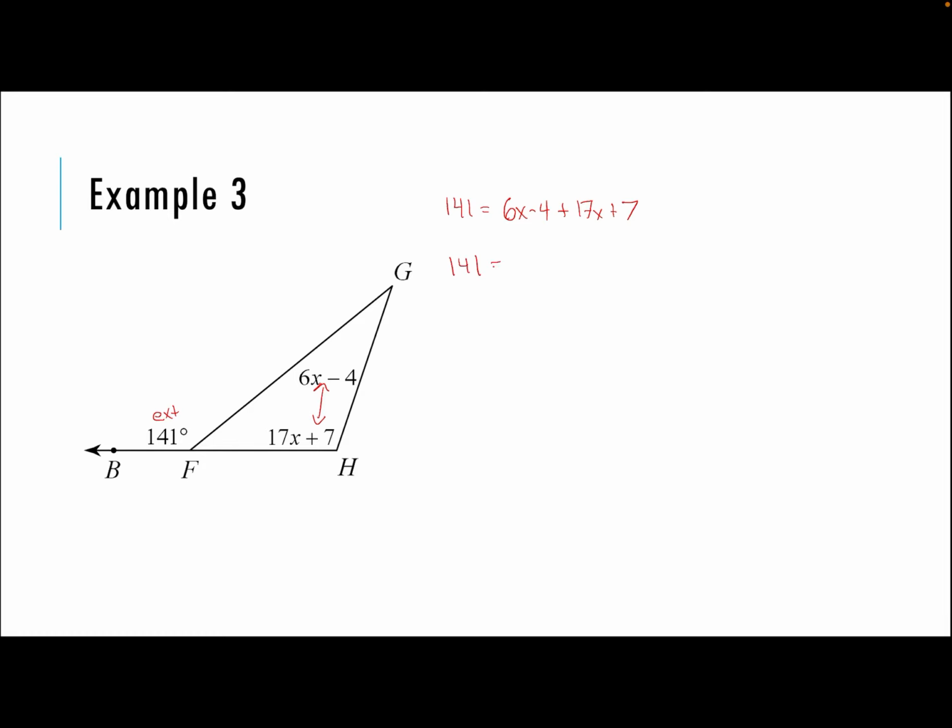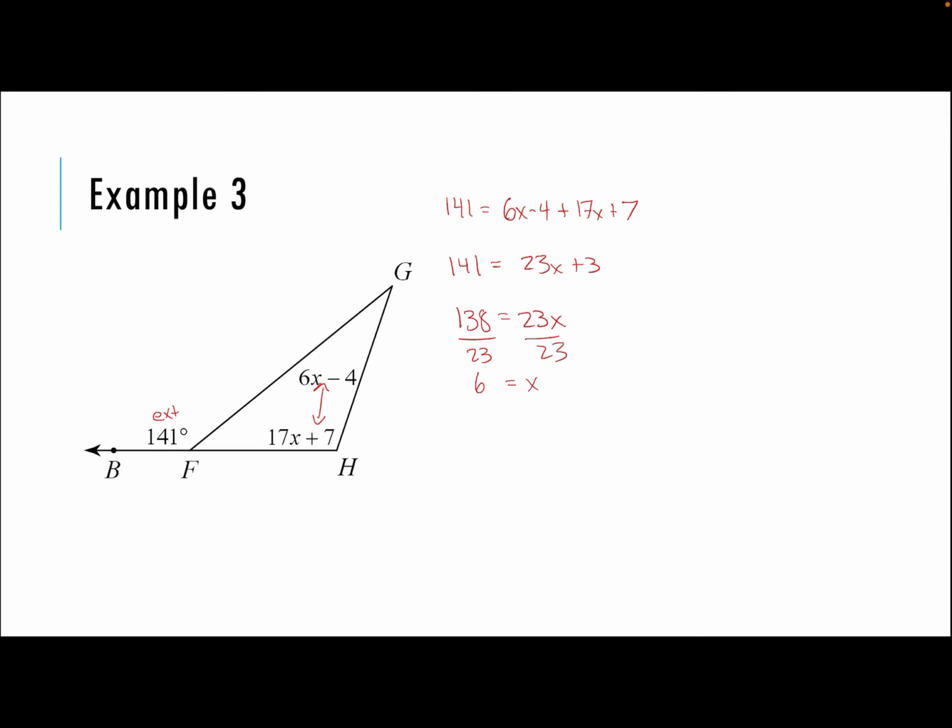So we get 141 is equal to 23x, and negative 4 plus 7 is 3. So we subtract 3, we get 138 is equal to 23x. I bet you a nickel that x equals 6. So 6 is equal to x.